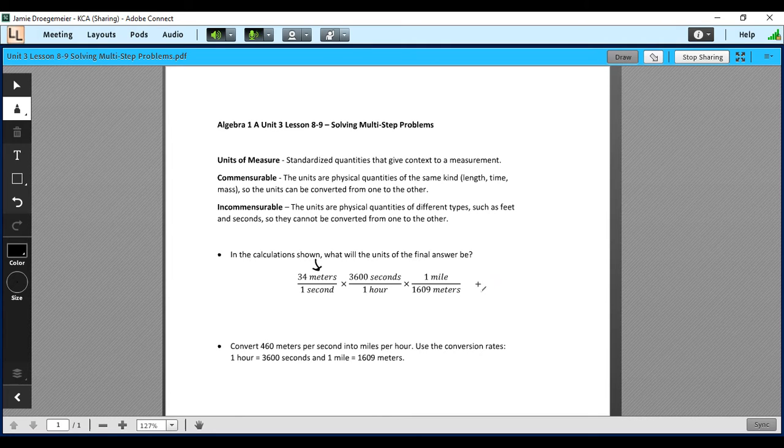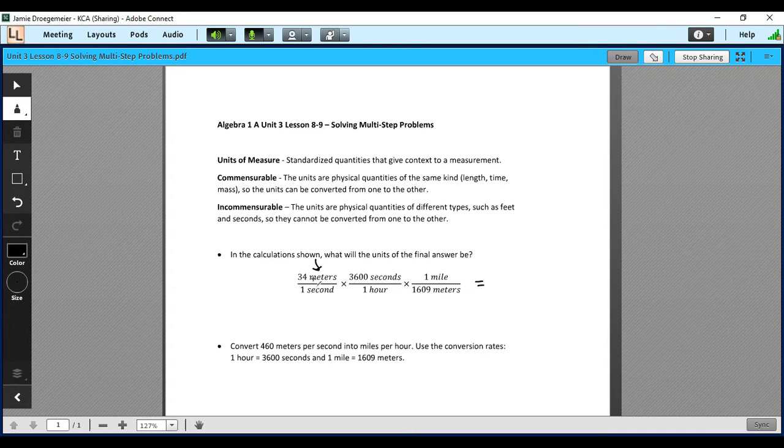Well, to do that, I first need to see how many seconds are there in an hour? Well, there are 3,600 seconds per hour. And then I want to go from meters to miles. I need to figure out how many meters there are in a mile. Well, 1 mile is equal to 1,609 meters.